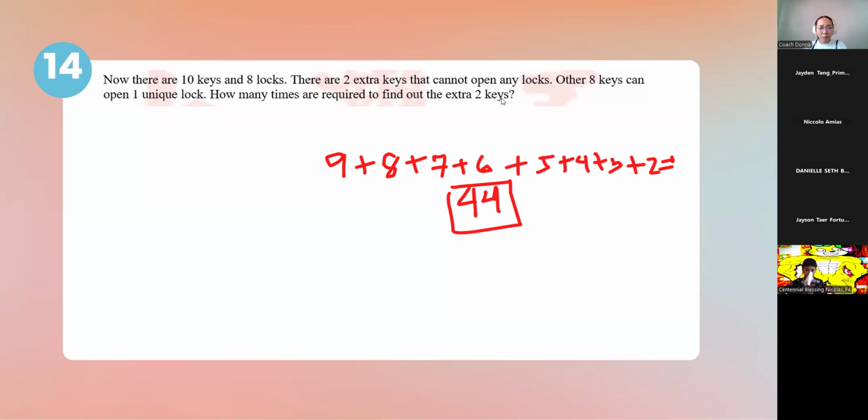We have that as our answer for the meantime. And then let's proceed to number 15.